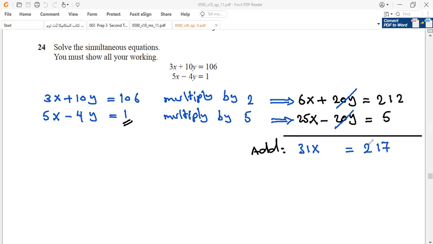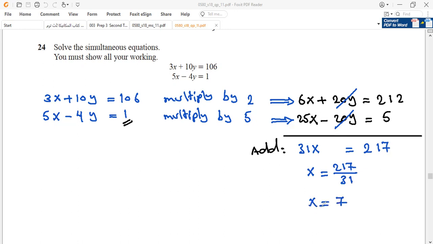Now we need to find out the value of x. We divide 217 by 31. It will be 7. x equals 217 over 31, x equals 7.